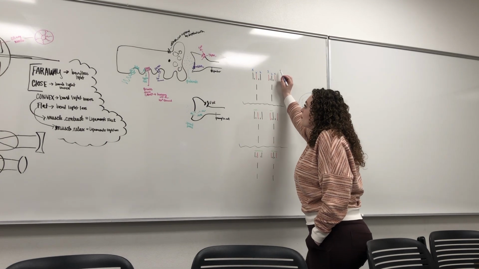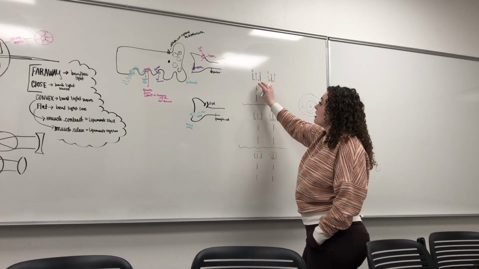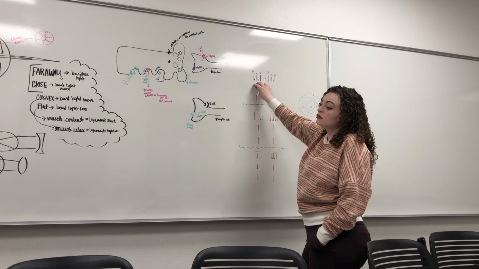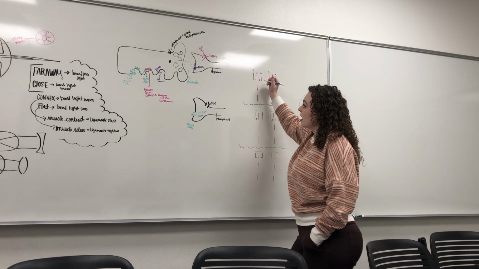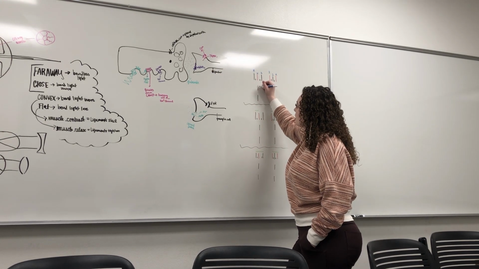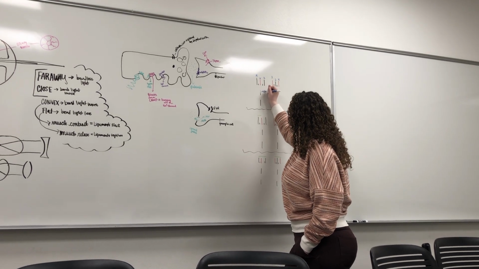Okay, so what do we gain from this? First of all, we know that if it's center on and surrounding off, it's going to be an MGLUR. So we're just going to call that MGLUR6 because it's quicker.